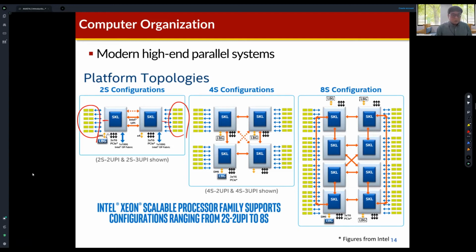But in the server systems, the CPUs can communicate with each other, like this. So this is a NUMA system. We frequently use this configuration for high performance server systems, and there are many research topics in high performance and NUMA systems.